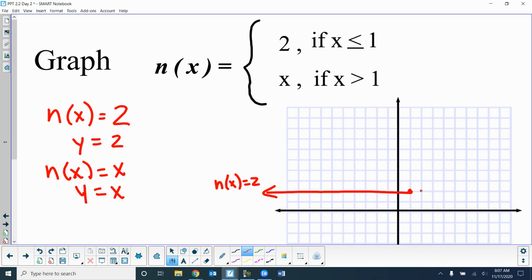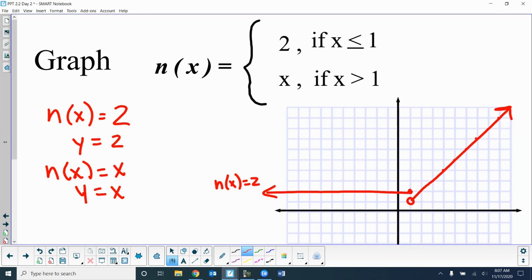When X is 2, Y is 2. When X is 3, Y is 3. When X is 4, Y is 4, 5, 6, 7, 8, 9, 10. Okay? And then back here at 1, when X is 1, it's actually 2. So right here I put a circle. And those would be all these. So that's what that graph looks like.